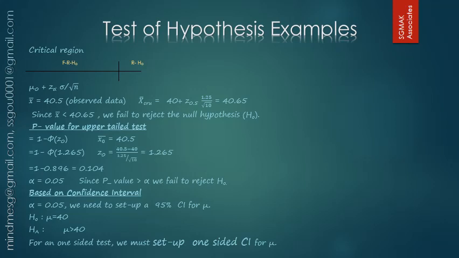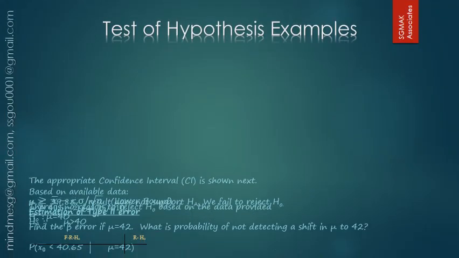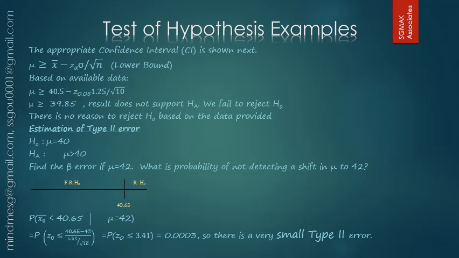Now here's another approach, the third one, the confidence interval. You have to be careful because it's a one-sided test. You have to set up a one-sided confidence interval, and you look at the alternate hypothesis. This alternate says mu is greater than 40. So you have to pick the appropriate confidence interval. We select the lower bound confidence interval, and the lower bound says mu has to be greater than or equal to x bar minus z alpha sigma over square root of n.